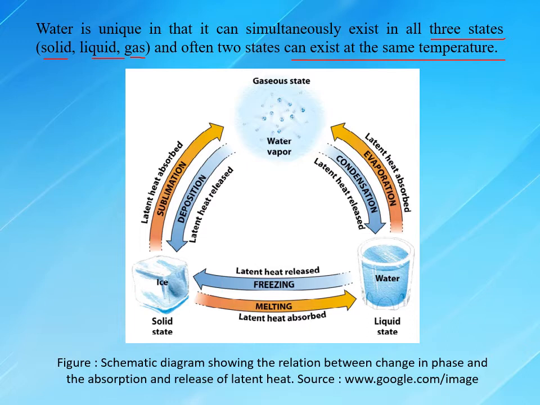So, at 100 degrees centigrade, both water and water vapor can coexist, but the difference is that water vapor contains some extra amount of latent heat, about 580 calorie. Similarly, at 0 degree centigrade, both water and ice can coexist, but ice has a lesser amount of energy, about 80 calorie. So in this way, at the same temperature, the two forms like ice and water or water and water vapor can coexist, and they can mutually change from one state to another state.